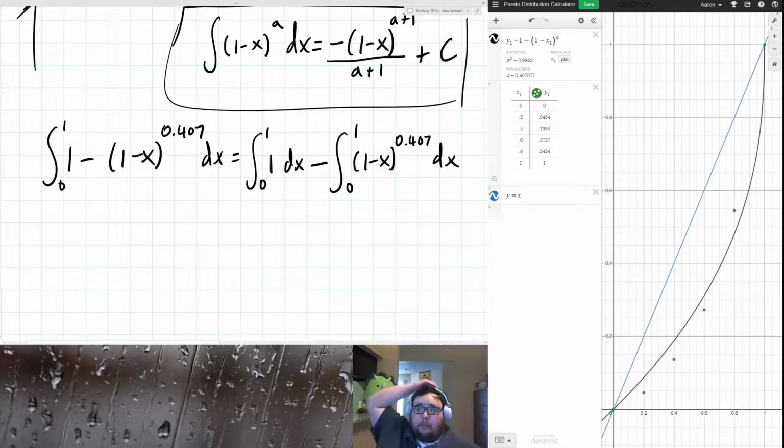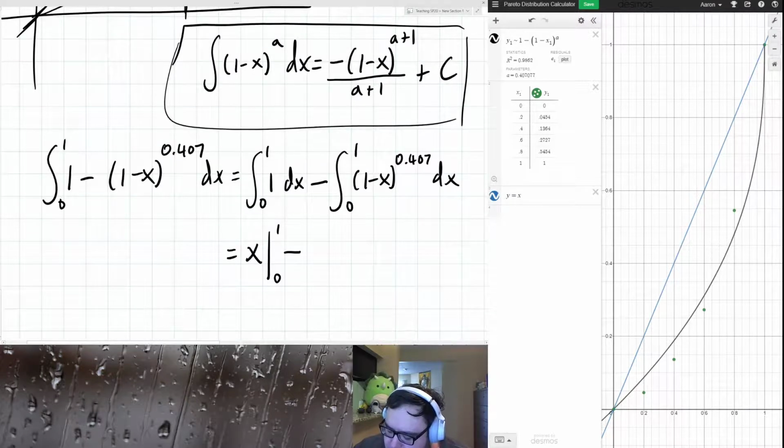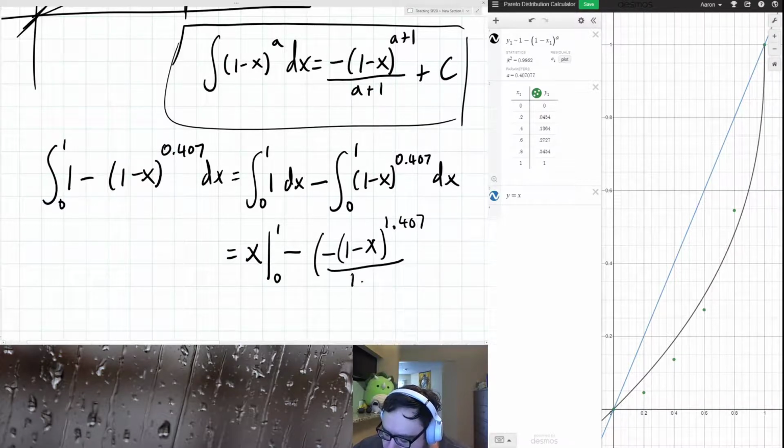Just like we can split derivatives across sums and differences, we can also split integrals across sums and differences. The integral of 1 from 0 to 1 is just x evaluated between 0 and 1, minus this integral here. We can use the formula above, right? So this will be negative 1 minus x to the power of 1.407 divided by 1.407.